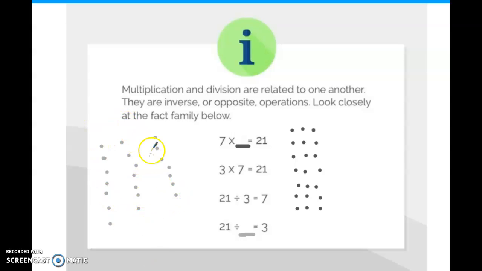So I have 7 groups. How many are in each group? 1, 2, 3. So 21 divided by 3 equals 7. So there is a pictorial model that you could use to solve for these problems, okay?